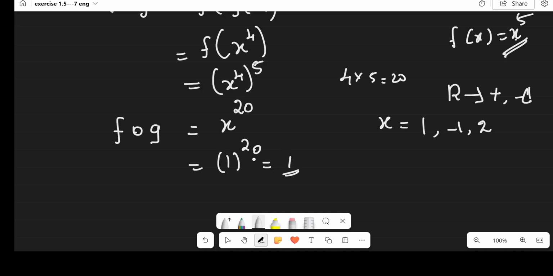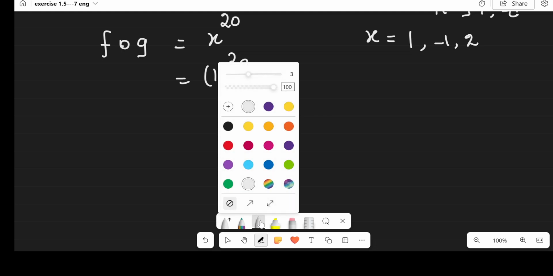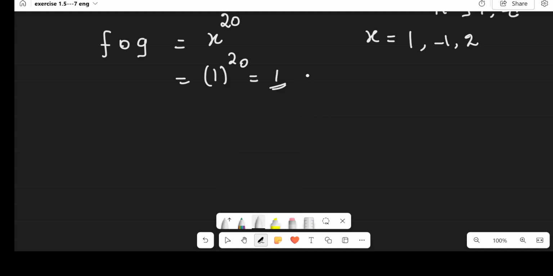If it is an odd number, I will get minus. So here what is input, what is output? 1 comma 1.